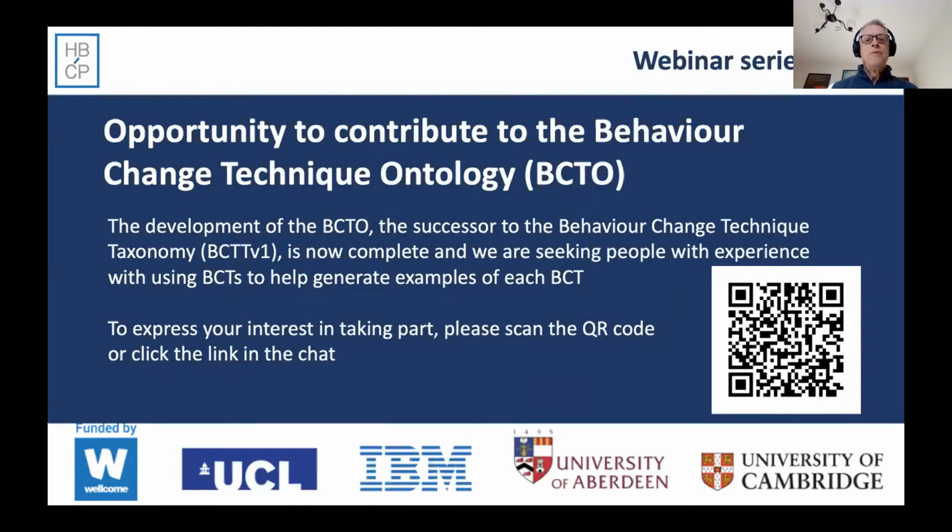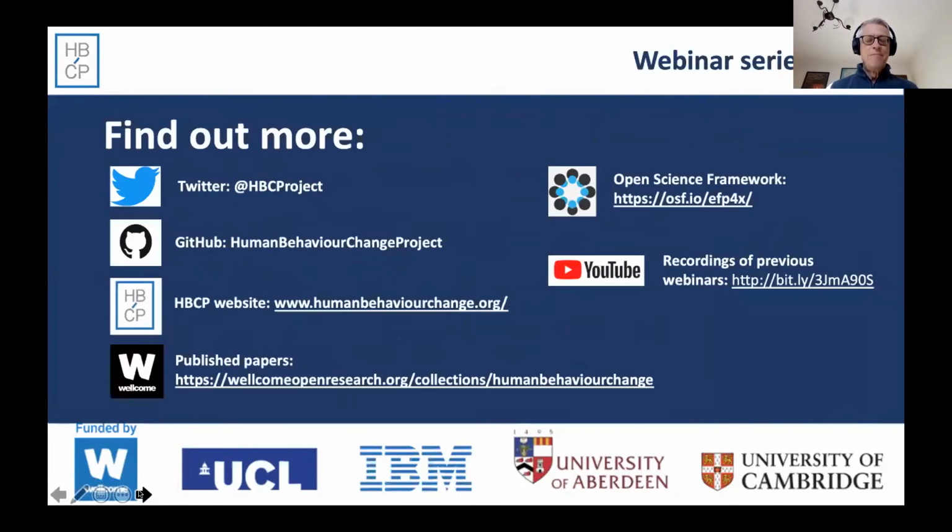And we're looking for people who are used to using BCTs, to examples of BCTs to try out the ontology with. So if you are interested, then do please get your cameras out, take a photograph of the QR code or link to the URL in the chat, and it'd be fantastic. And I know many of you will be interested to do that, and we'd love to have your input to it.